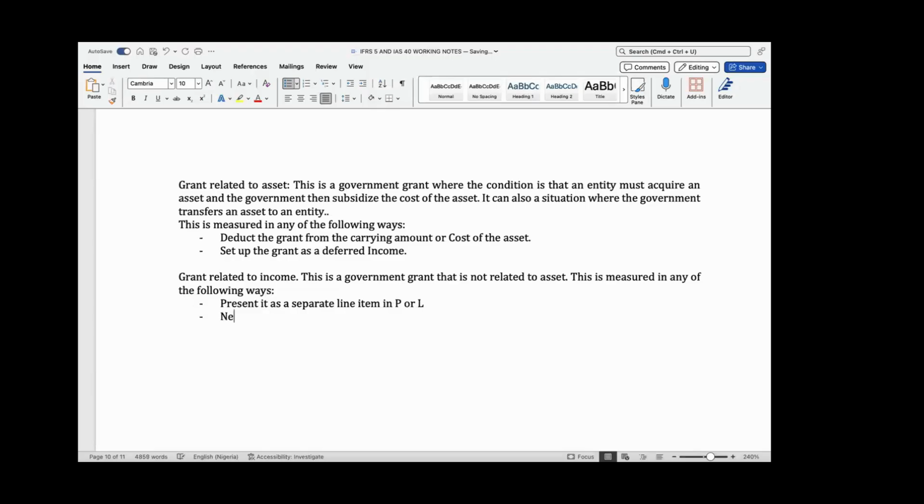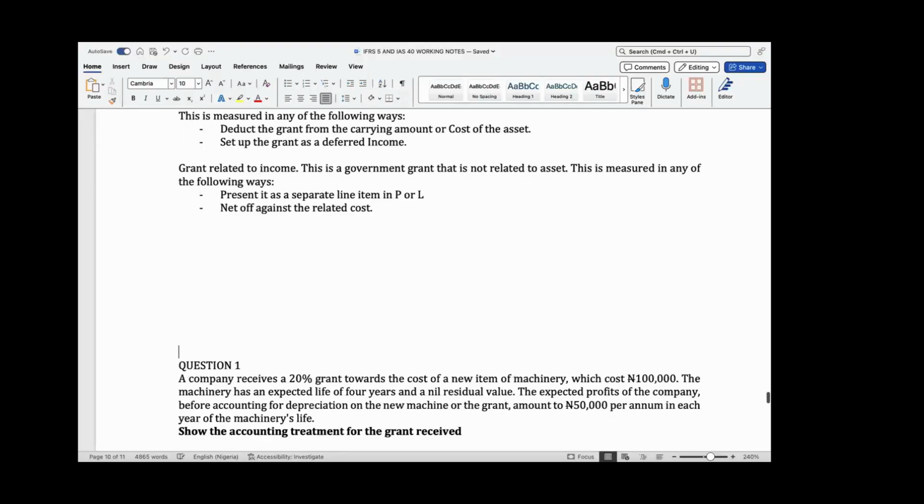Number two, you net it off against the related costs. So that's grant related to income. So it's either you present it as a separate line item in your P&L, or you net it off against a related cost. Now let's solve questions.